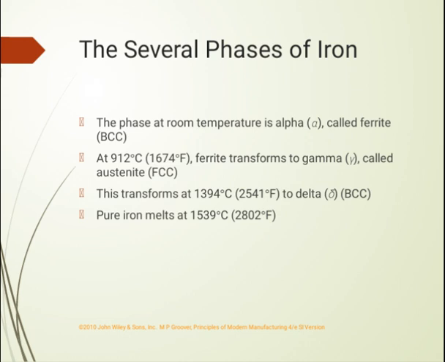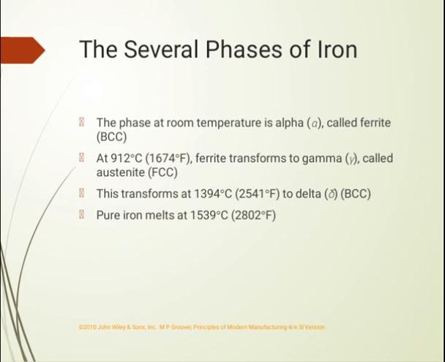The phase at room temperature is alpha, called ferrite, having the BCC structure. At 912 degrees centigrade, ferrite transforms to gamma, called austenite. This austenite has an FCC structure.